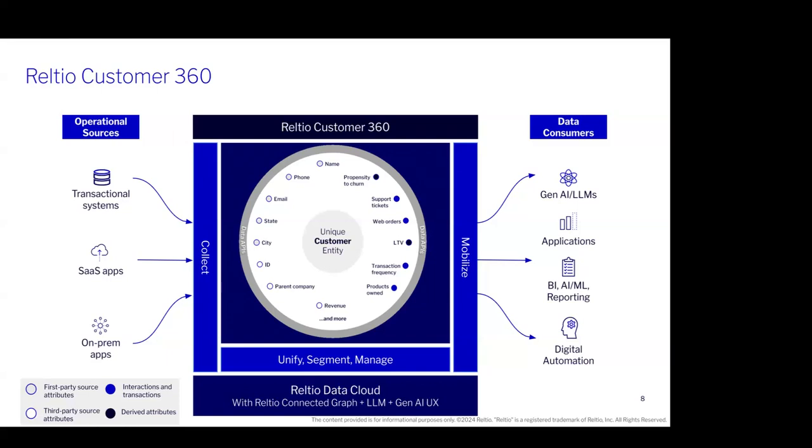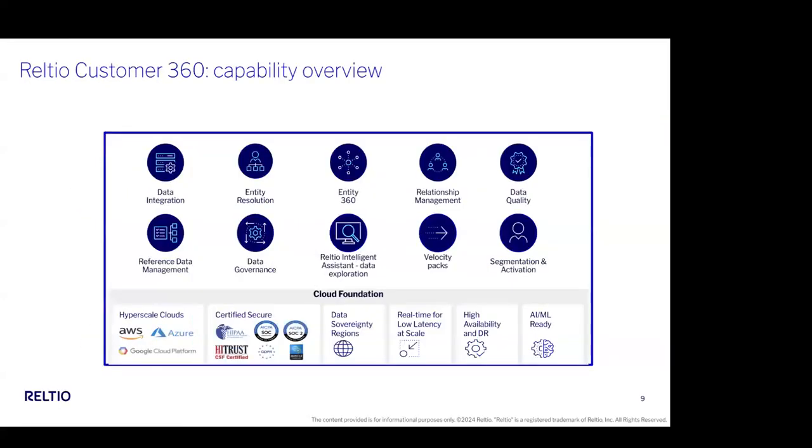And we also have advanced AI/ML capabilities through Reltio Intelligent Assistant that we call RIA. So in Customer 360, RIA can do data exploration, which is an advanced capability available only in Customer 360. Going into further details, this is a high level capability overview of Reltio Customer 360, as Gaurav was already talking about, right?